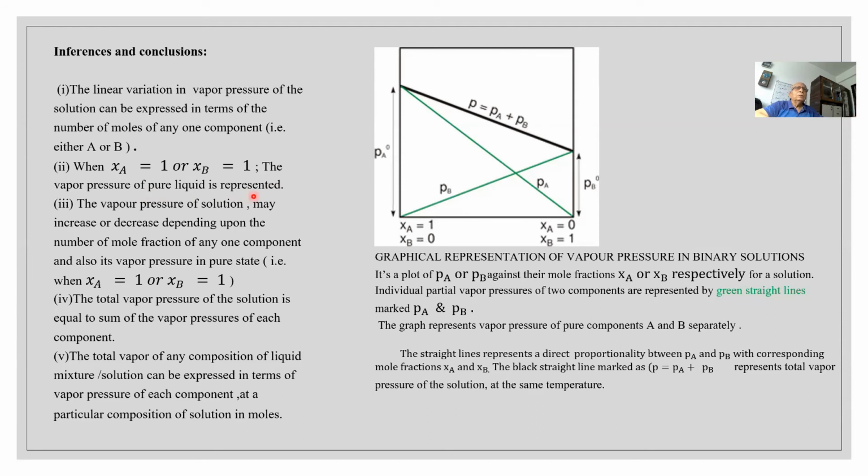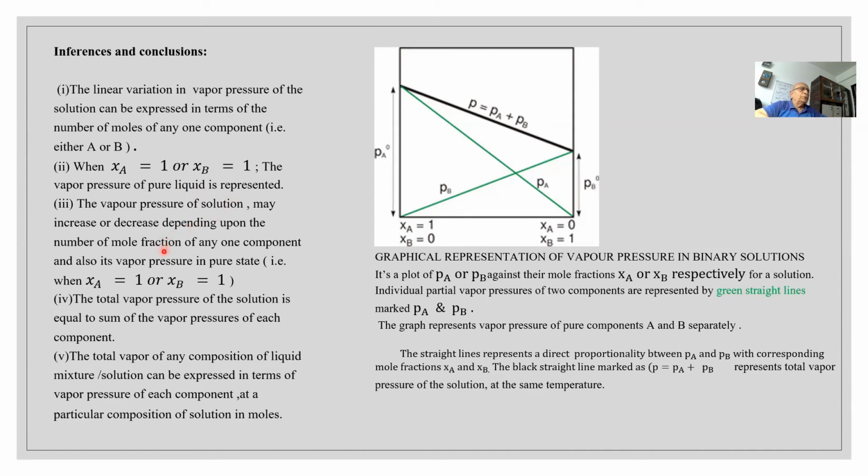XA equal to 1 means there is nothing else than A. It is pure. XB is 0. Mole fraction of component B is 0, means A is pure. So the vapor pressure of the pure liquid is represented.